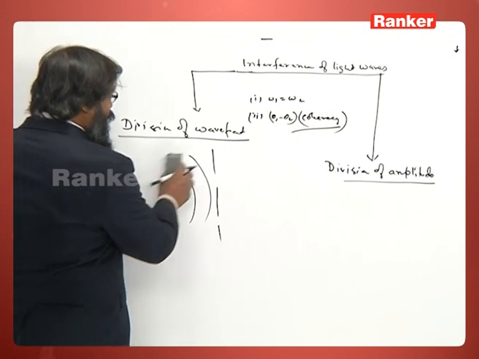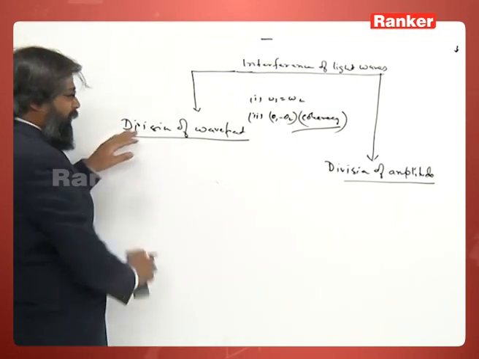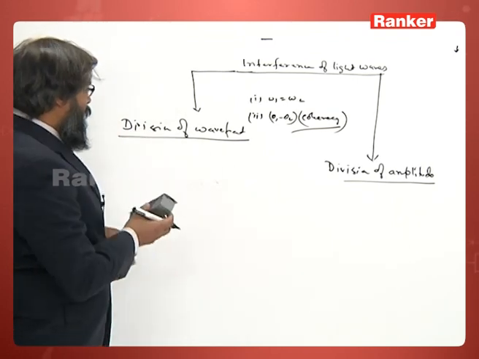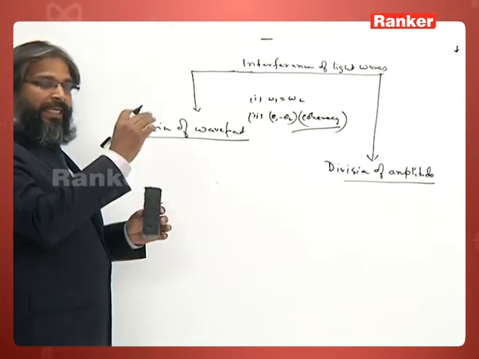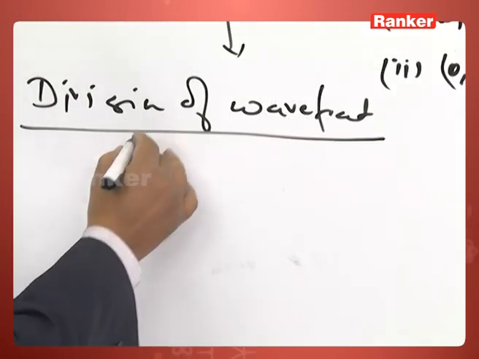In the division of wavefront method, a single source is chosen and its wavefront is divided into two parts.